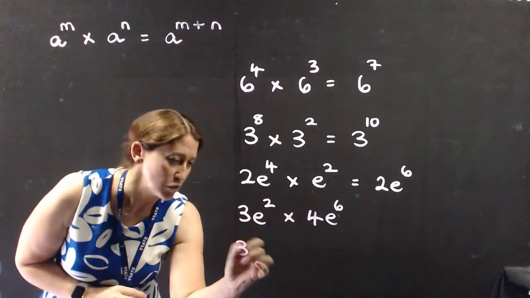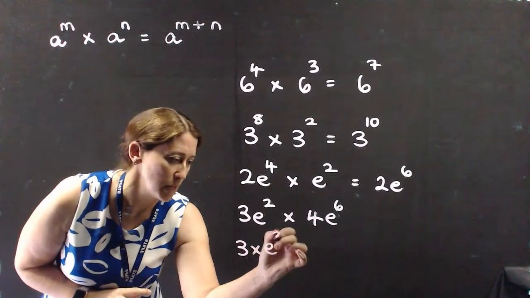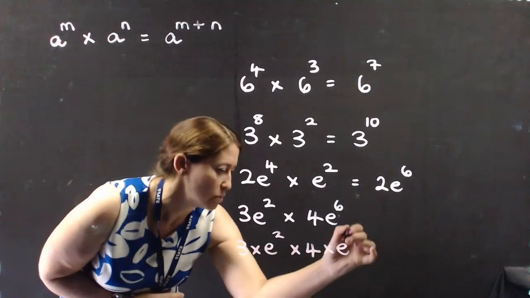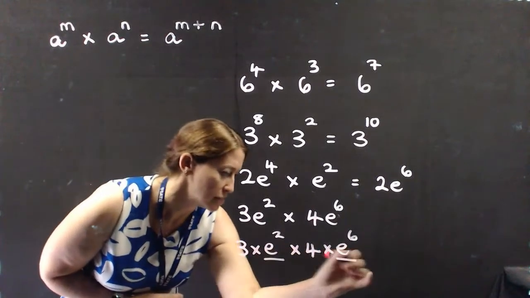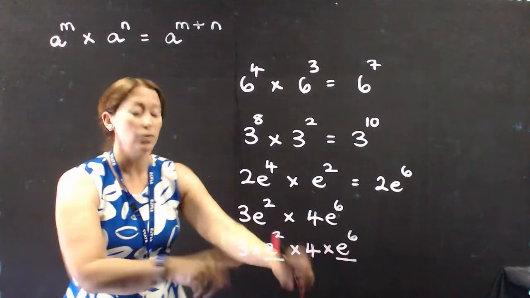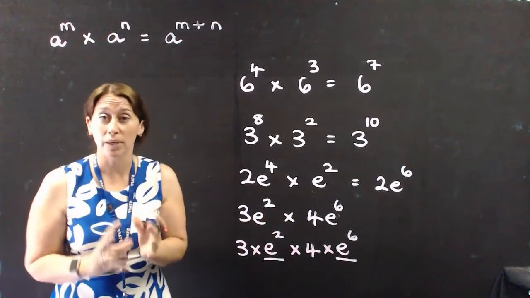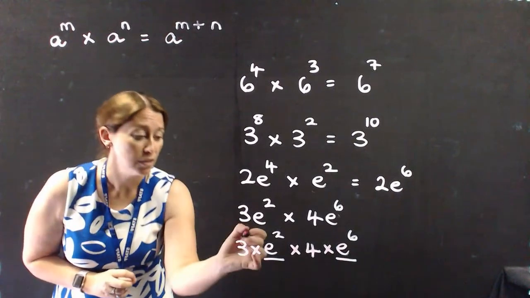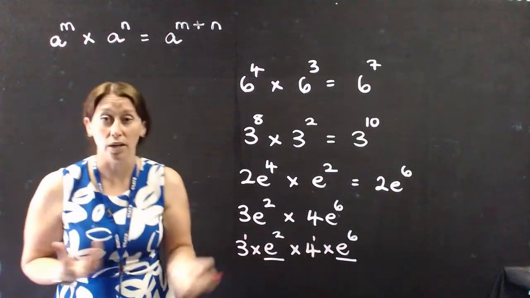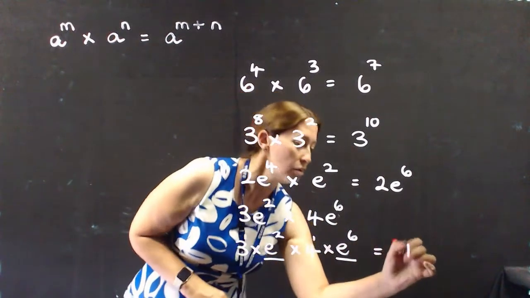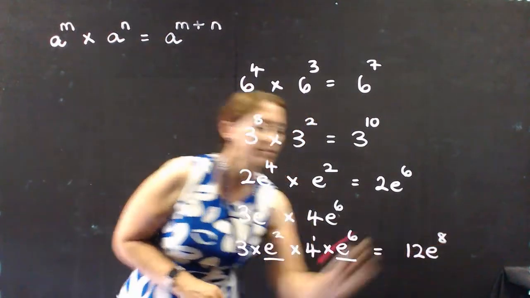But that's technically 3 multiplied by e to the power 2 multiplied by 4 times e to the power 6. These bases are the same, so we can apply the index law. These two are just numbers that we can multiply together, and you can only do that if the power of each of these numbers is 1, which it is. So you can go 3 times 4, which is 12, e to the power 8.